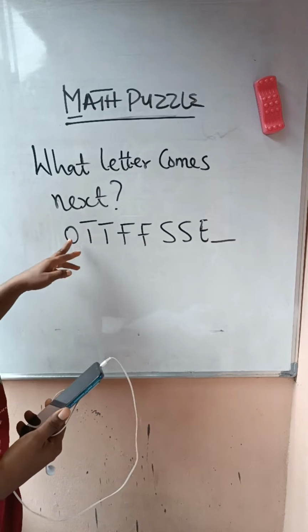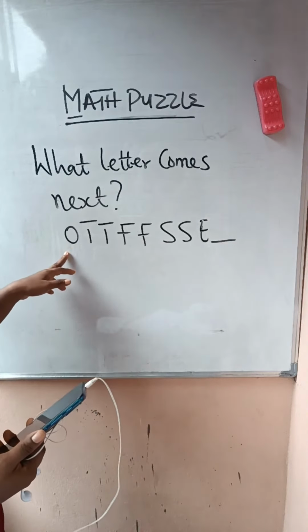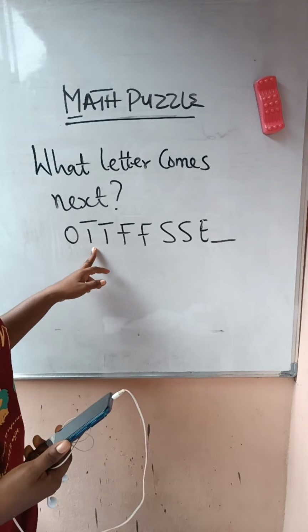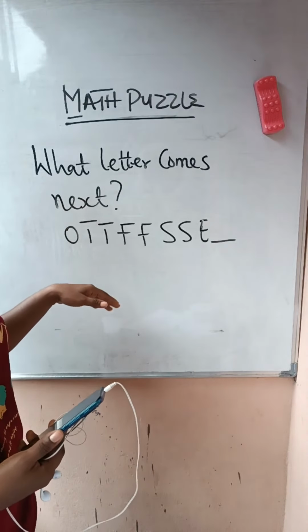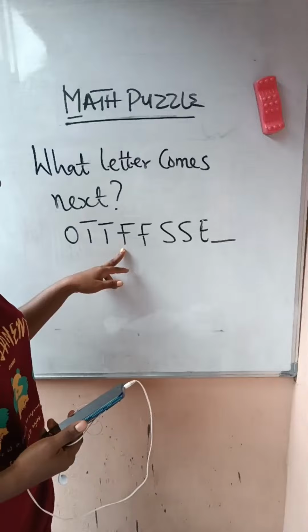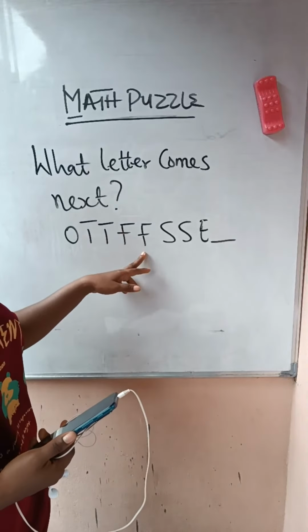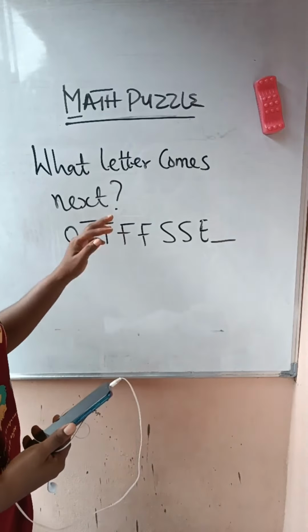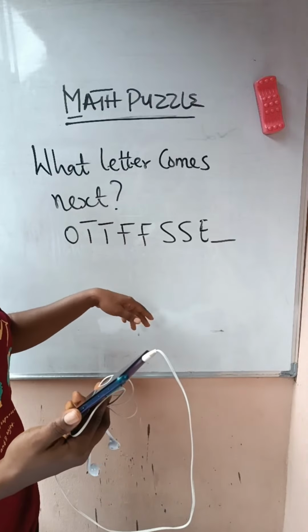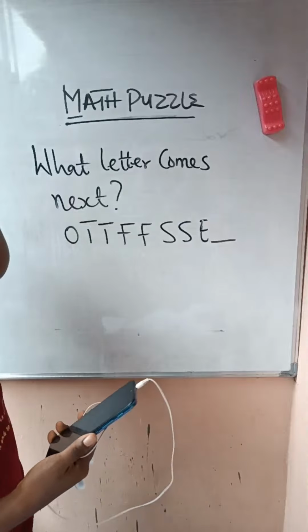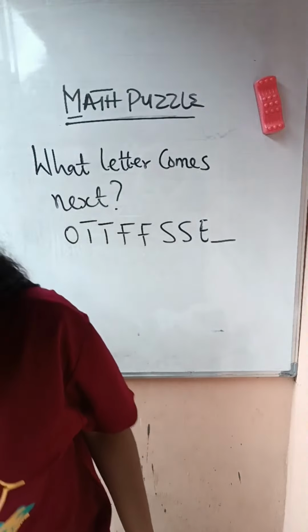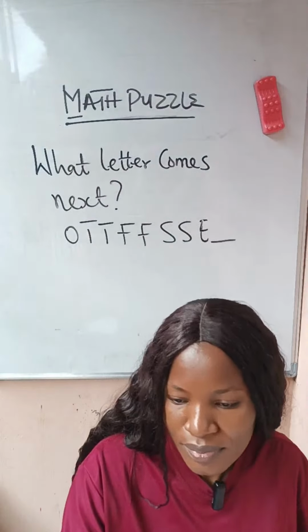So we have O, we have T, we have T again, we have F, we have F, we have S, we have S, and we have E. I think I've tried, right? Trying to make it clearer for everybody.